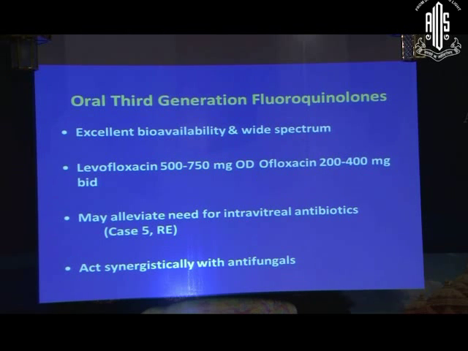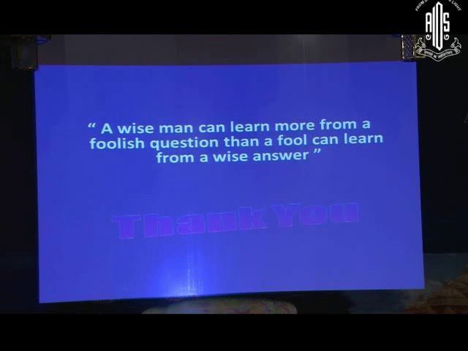Nowadays, we have third generation fluoroquinolones like levofloxacin 500 to 750 milligram OD or ofloxacin. They work very well, and they may alleviate the need for intravitreal antibiotics. They also act synergistically with antifungal agents, so you can combine them when there is endogenous fungal endophthalmitis. Thank you very much.